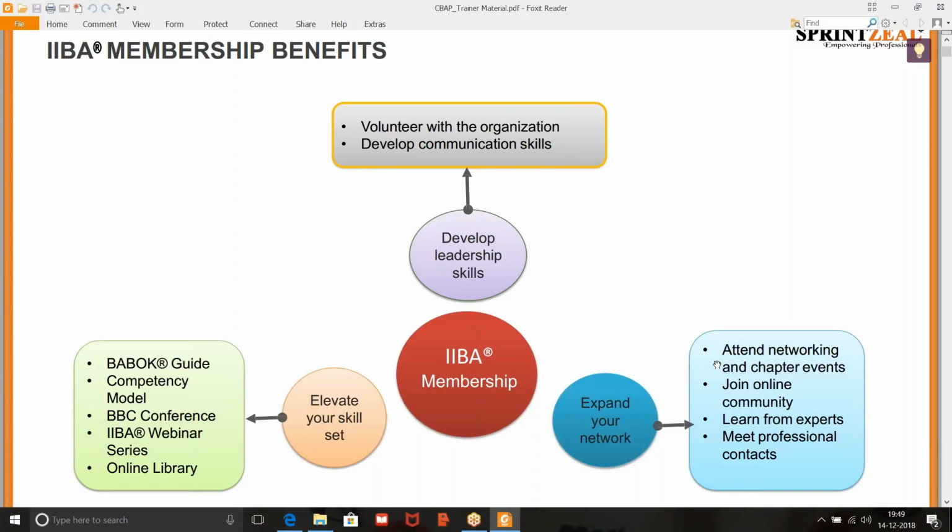For this, they have partnered with research companies like Forrester Research because they want to find out what BA skills are picking up the pace in the market, and what BAs should know. So they are looking to expand the certification model beyond the CBAP, because CBAP gives you a holistic picture of how a BA can perform his or her tasks and activities, right? So they are looking to go beyond.